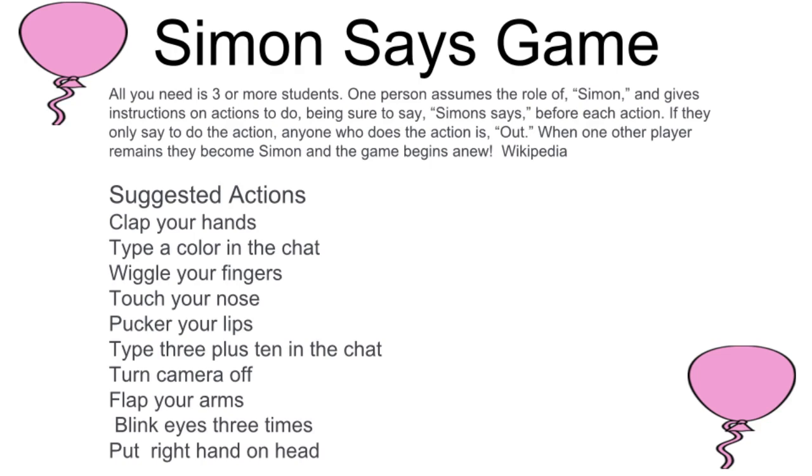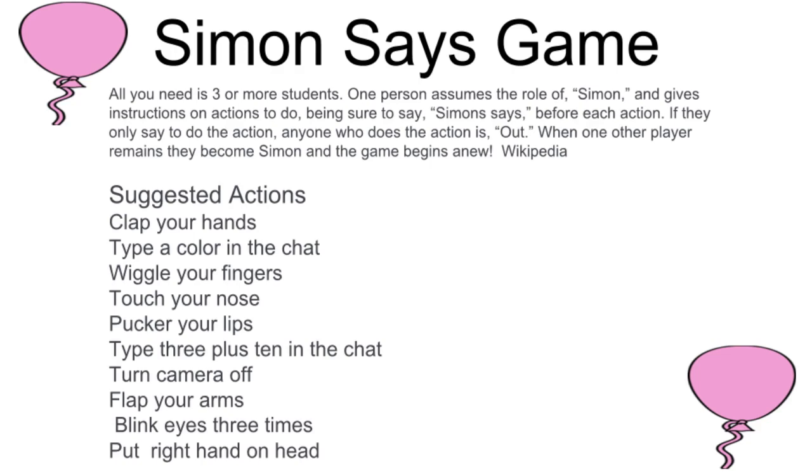This is a suggestion. Since we're playing Simon Says virtually, it might be beneficial if we only ask the students to do things that we can see on the screen, like from the waist up, because we need to make sure that we are not embarrassing anybody.